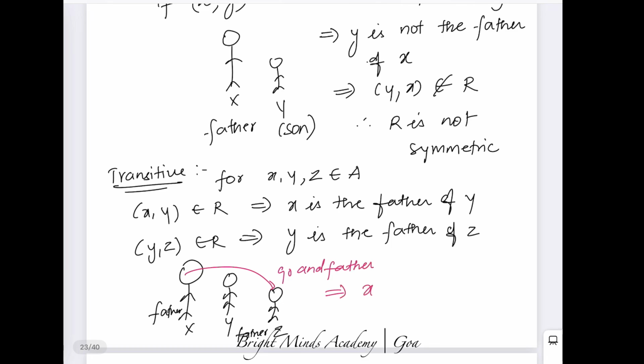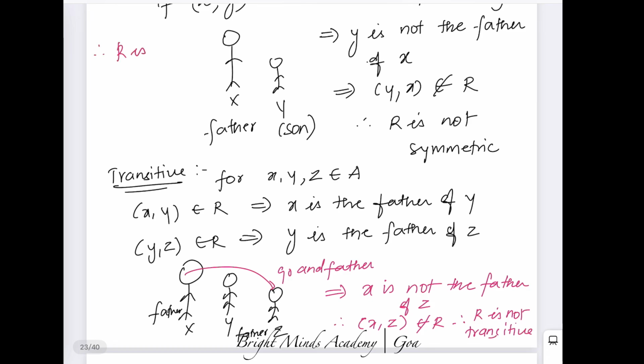So we can say that X is not the father of Z, therefore X comma Z do not belong to the relation, therefore R is not transitive. Therefore, if you've seen here, R is neither reflexive, nor symmetric, nor transitive.